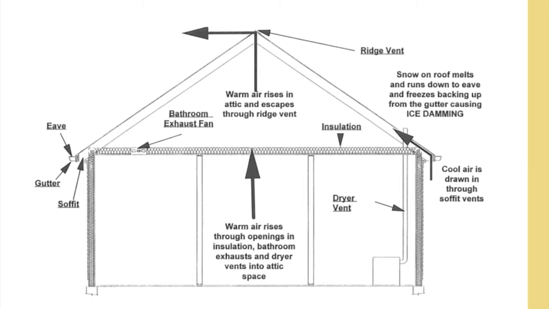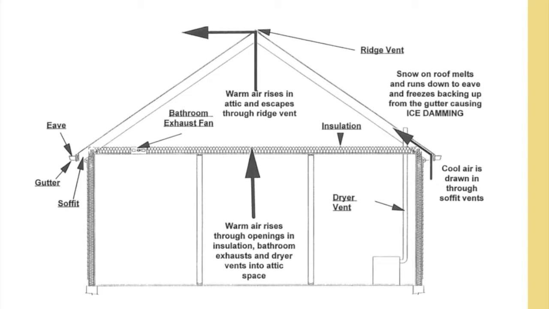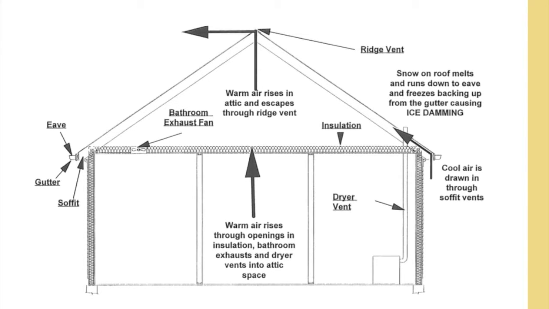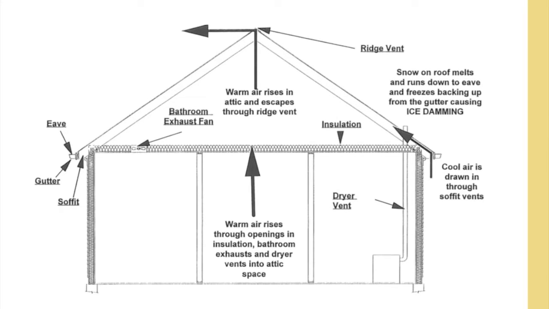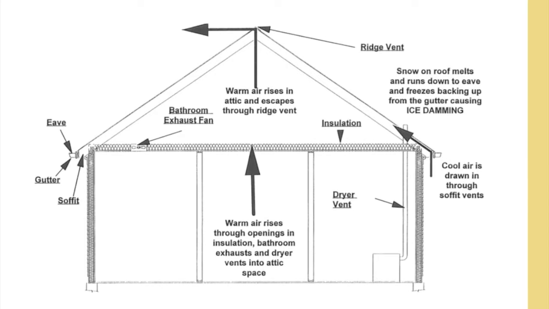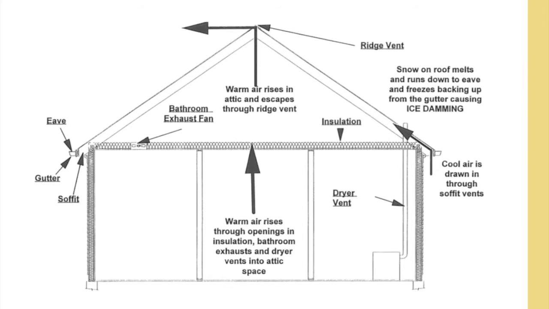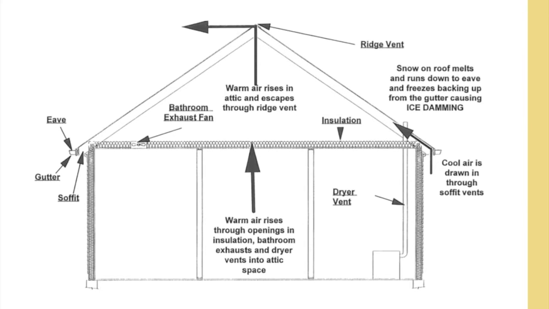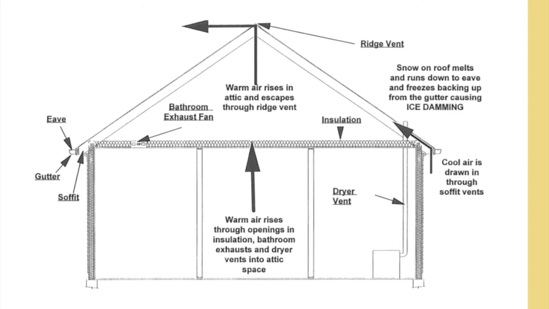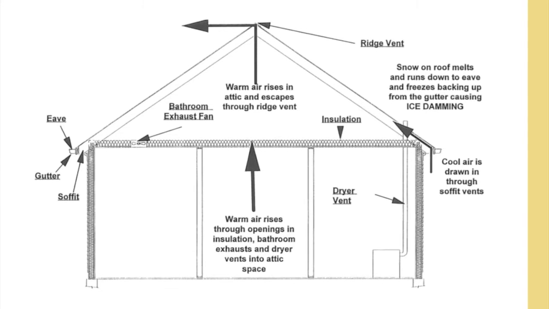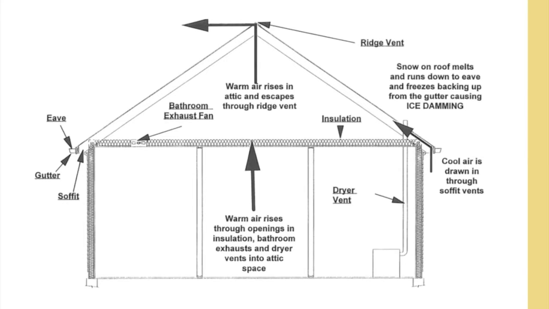Now, a couple of things. Even heavily insulated attics will help keep the warm air to a minimum. But things like bathroom exhaust fans that vent into the attic space, dryer exhaust vents that vent into the attic space, and recessed lights that are open into the attic space are all heat sources that allow heat into the attic, even though there might be a heavy blanket of insulation.